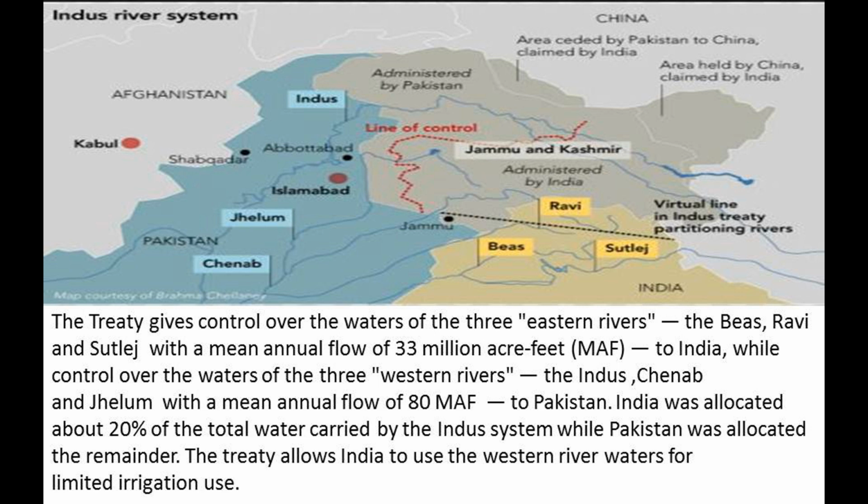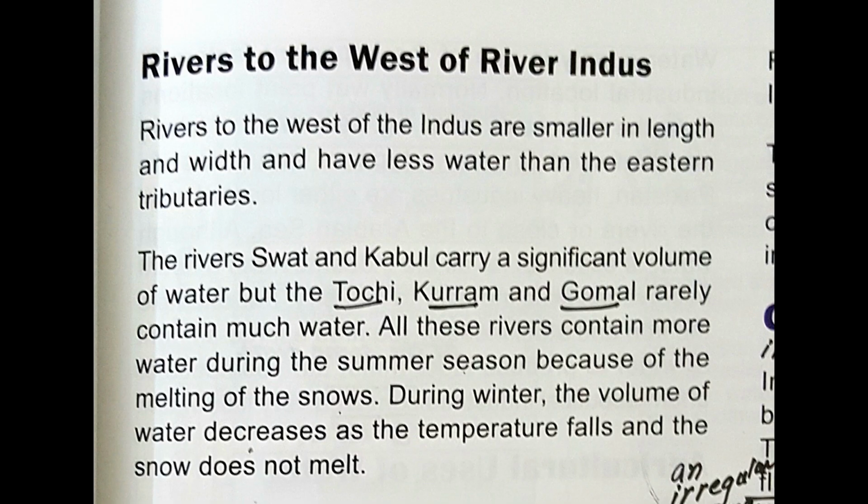India was allocated about 20% of the total water carried by the Indus system, while Pakistan was allocated the remainder. The treaty allows India to use the western river waters for limited irrigation use.